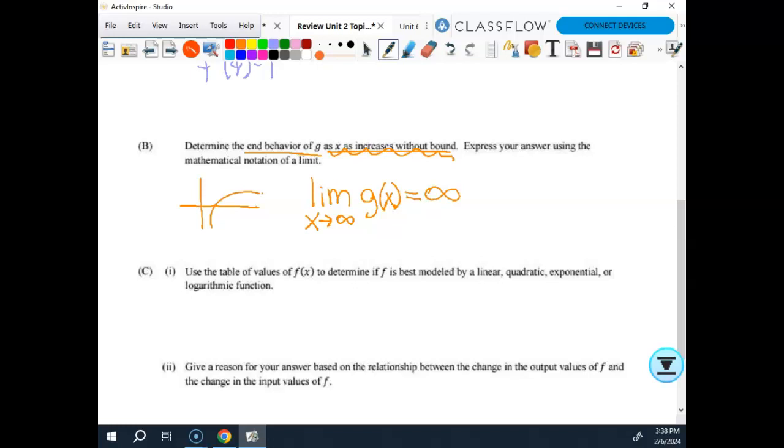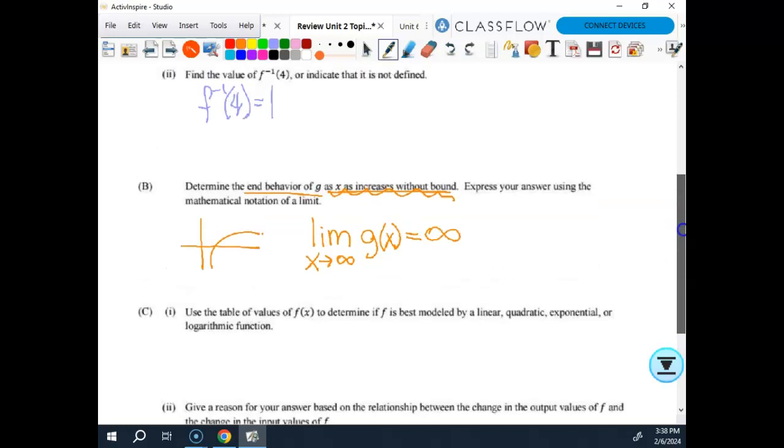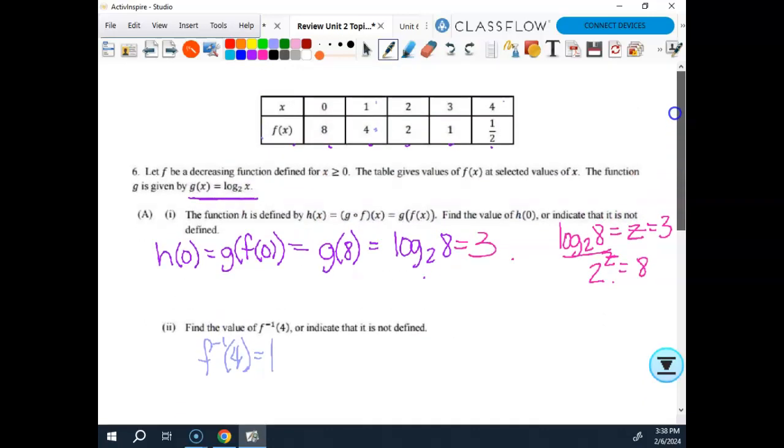All right, then use the table of values to determine if f is best modeled by linear, quadratic, exponential, or logarithmic. Okay, so I'm going to go back up here, and let's see what's happening here. Now my x values, we're just adding 1, right? My y values are being multiplied by 1/2.